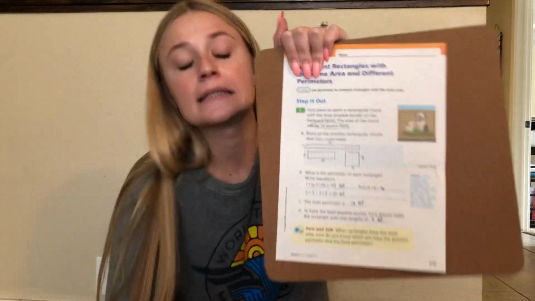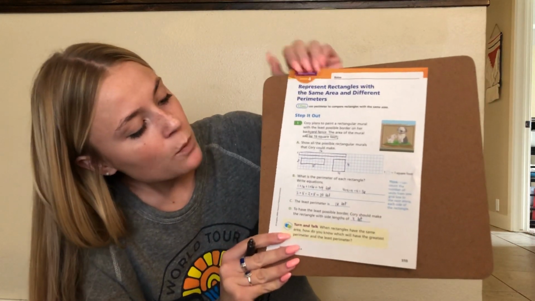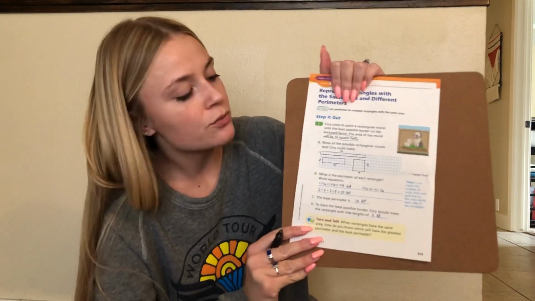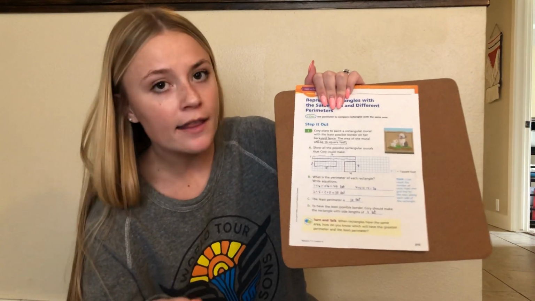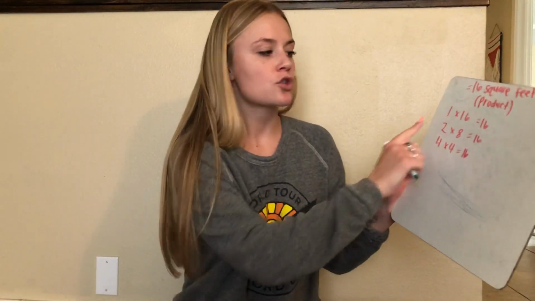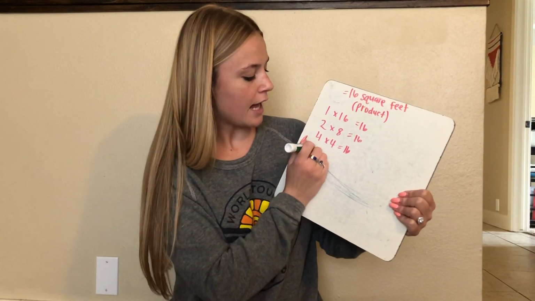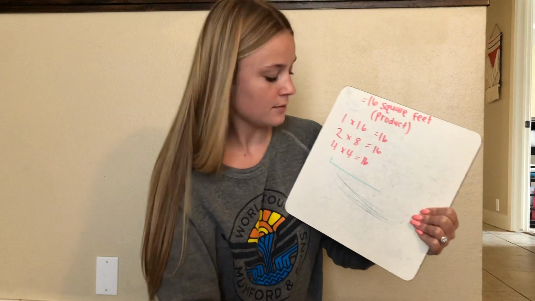Okay, I hope you guys can see that. So then it says, what is the perimeter of each rectangle? Now, to find the perimeter, I add all the side lengths, remember? So, if my rectangle is 1 times 16, it would look like, oh, that's terrible.